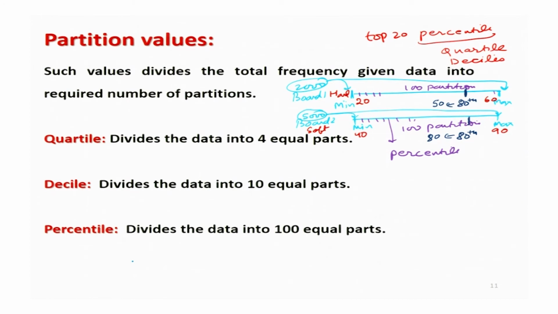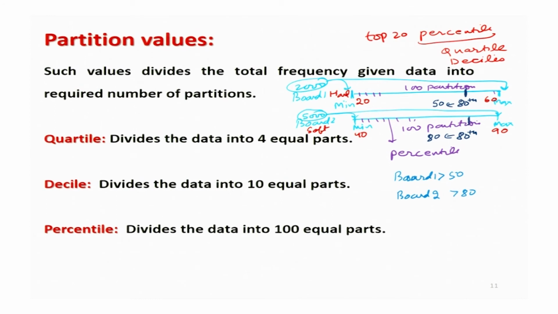That means if a student from board 1 has got 50 or more than 50 marks, the student is eligible, and if a student from board 2 has got more than 80 marks, the student is eligible. So this is how you can compare. This is one possible application of the quantile.